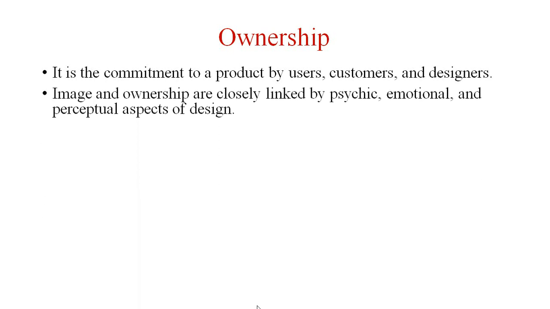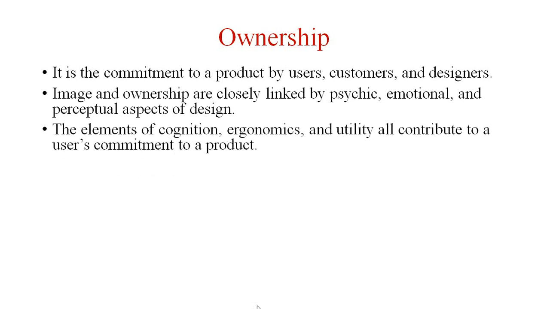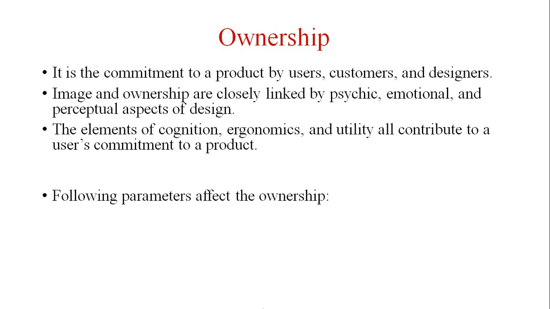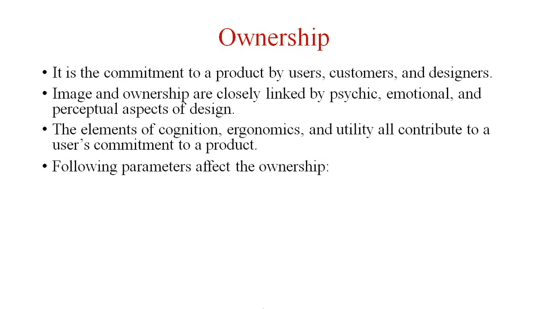Image and ownership are generally closely linked by the psychic, emotional, and perceptual aspects of the design. The elements of cognition, ergonomics, and utility all contribute to the user's commitment to a product. The following parameters affect the ownership. The first parameter is cost.